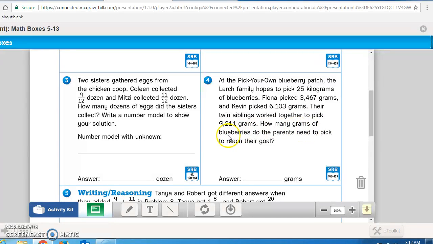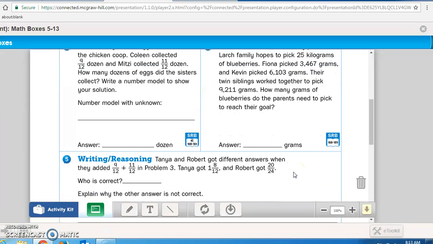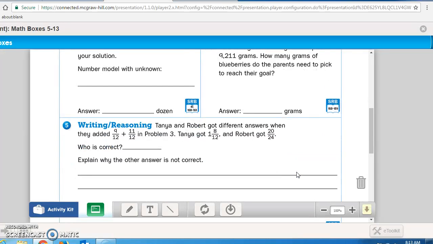How many grams of blueberries do the parents need to pick to reach their goal? So remember, you have kilograms and grams, but they want the answer in grams, so you're going to have to convert.